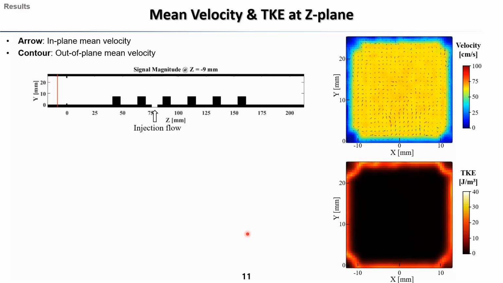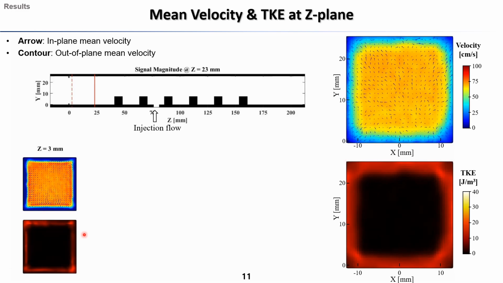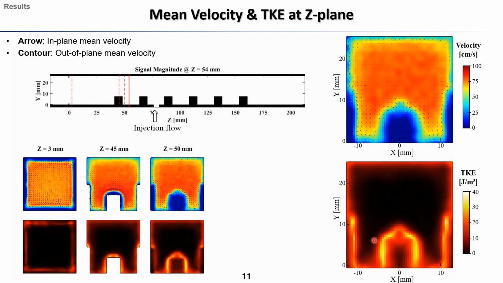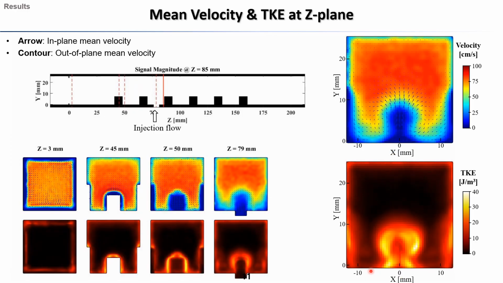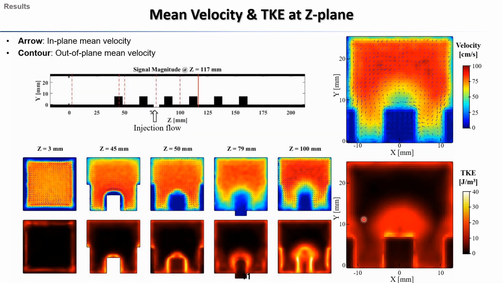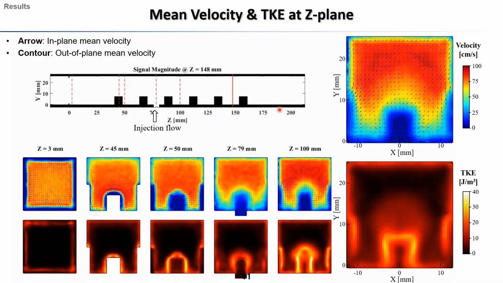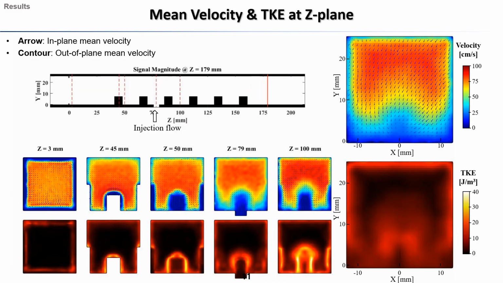So as shown in this video, a large TKE is generated due to the boundary layer trip and the boundary effects near the wall. And then we can observe that due to the effect of mixing phenomenon between main flow and injection flow, and 6 cubical elements positioned at the wall and channel center, a large TKE is generated.